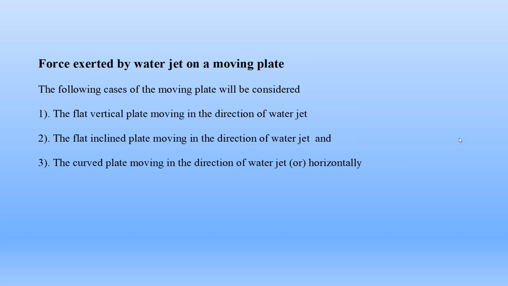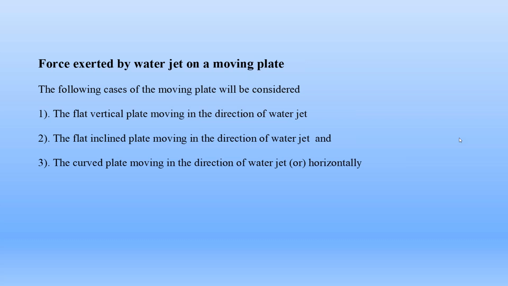Second case, the metal plate is a flat inclined metal plate, moving in the direction of the water jet. Third condition, the metal plate is a curved metal plate, moving in the direction of the water jet or horizontally.